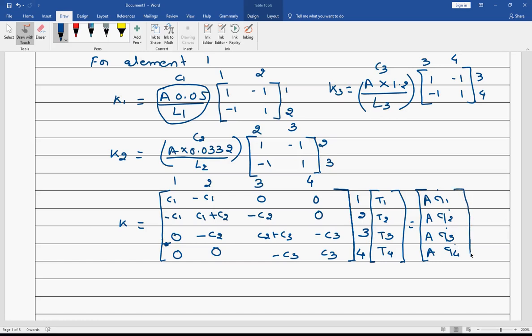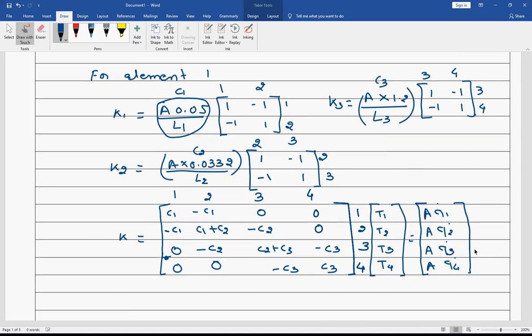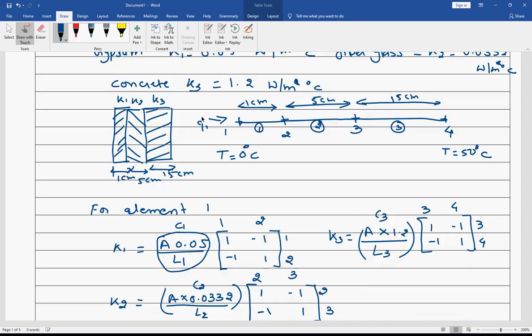So A into Q1 dot and Q4 dot represents the application of the force. Okay, so here in this case this is the Q1 dot. What kind of heat transfer I am going to apply, and here in this case this will be Q4 dot. What kind of heat transfer I am going to apply? Similarly, Q3 dot and Q2 dot will be there.